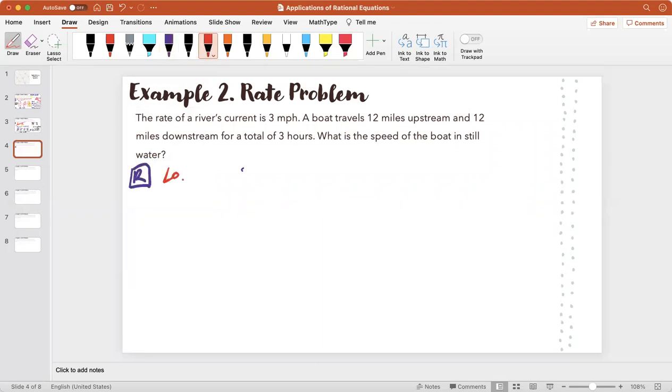Let x be the speed of the boat in still water.